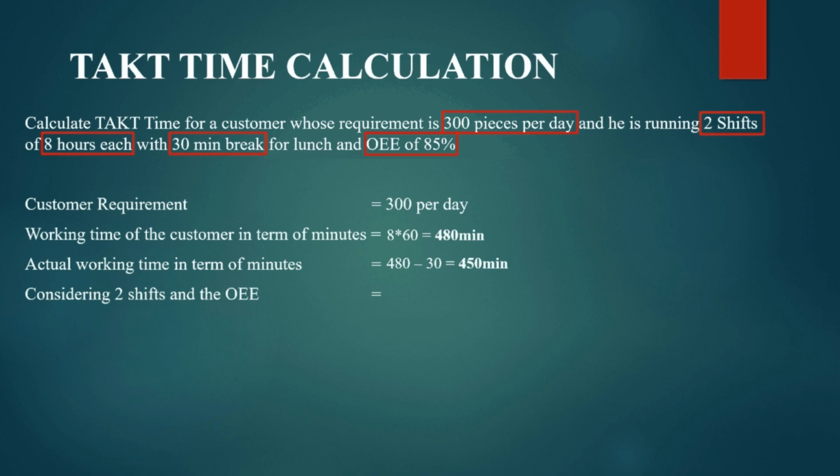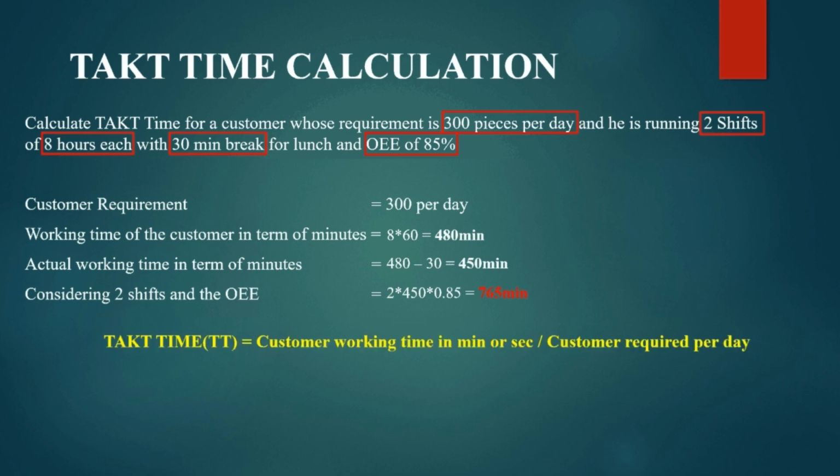This includes even the short breaks, that is tea breaks or washroom breaks for the operator. So 2 indicates the 2 shifts, 450 is the actual working time and 0.85 is the OEE. So the customer actual working time in 2 shifts is 765 minutes.